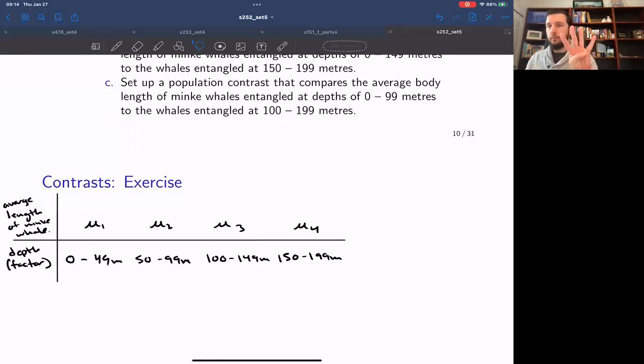So we have 4 population means. We want to set up a contrast comparing the means based off the descriptions given above.